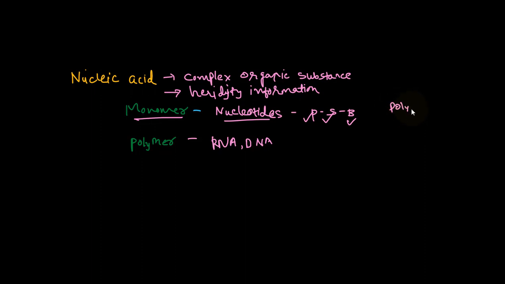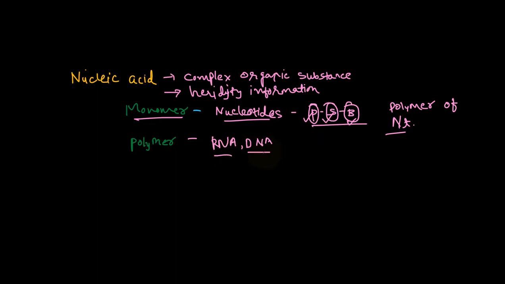So the nucleic acid is the polymer of nucleotides. There are two types of nucleic acid, right? And there are three components of a nucleotide. So we are going to discuss in detail.